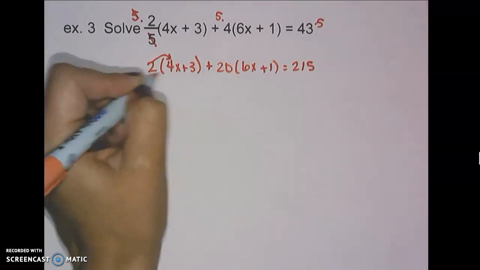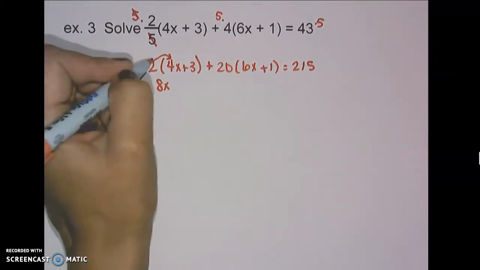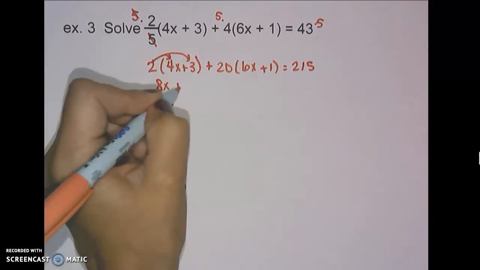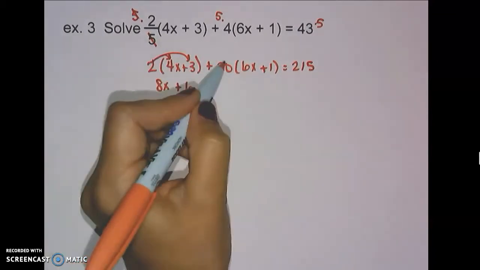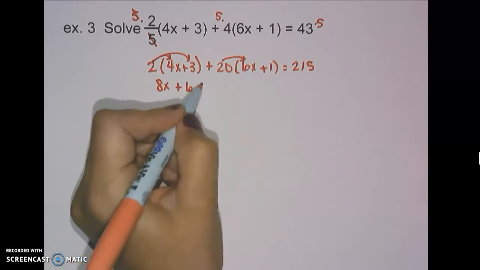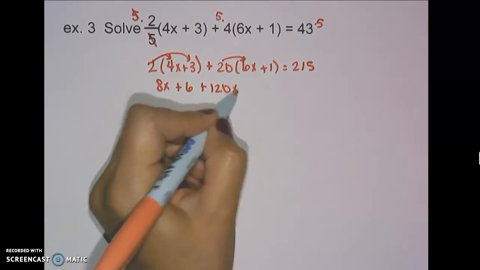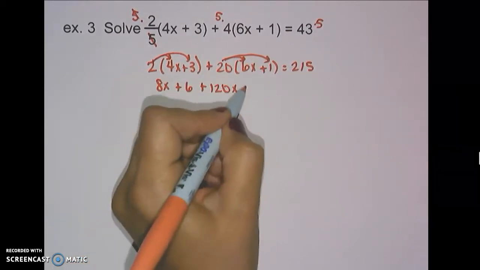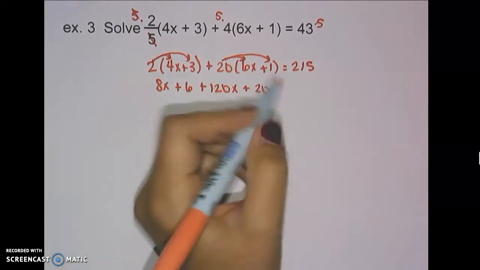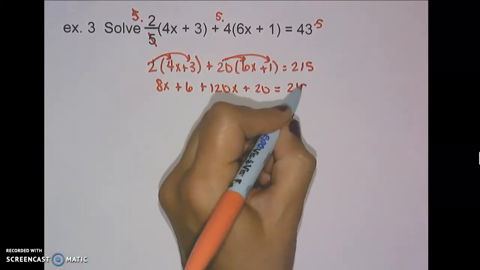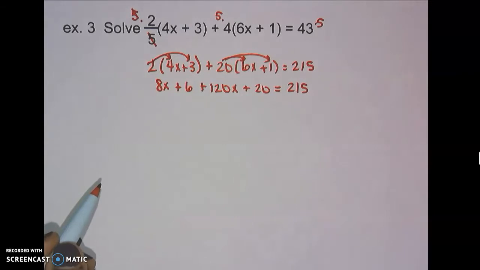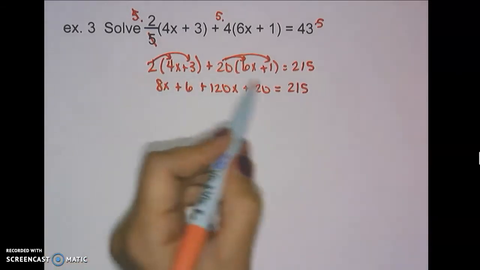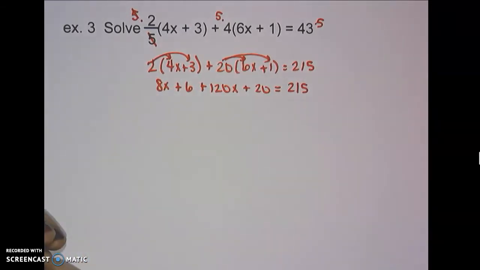All right, next step. Distribute the 2 in. So 2 times 4x is 8x. 2 times 3 is 6. 20 times 6x is 120x. 20 times 1 is 20. And that still equals 215. Now we're going to work on simplifying things on the left-hand side.